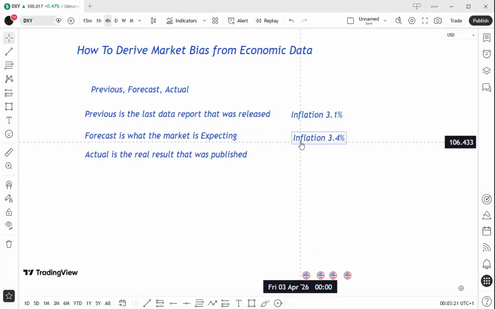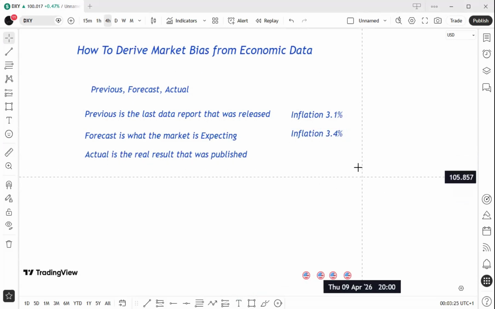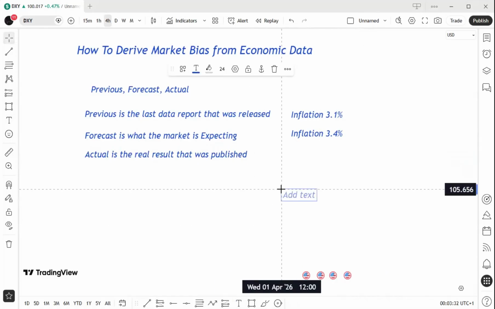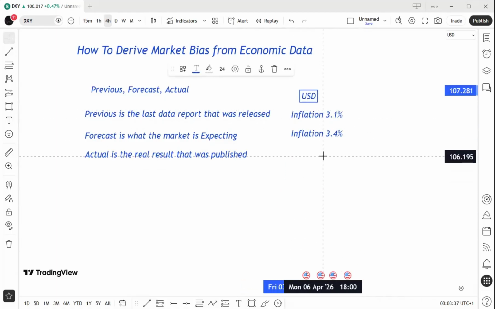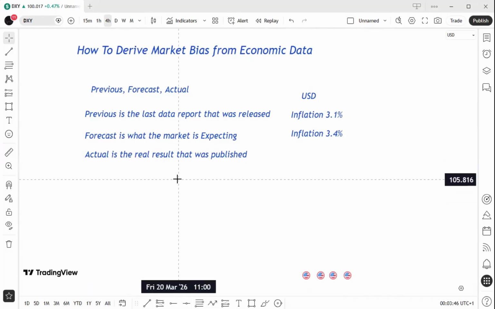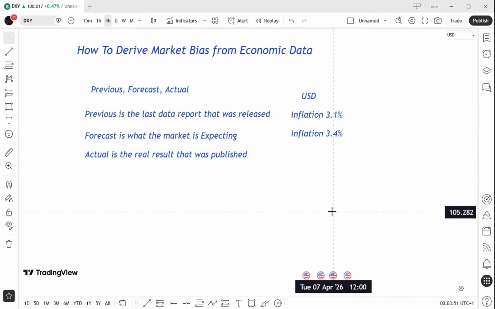This is what the analysts and economists are expecting. For example, let's use USD. The inflation of USD is going to be high, which gives us a strong currency. And now, actual hasn't been released yet to confirm whether the expectation is right or wrong.